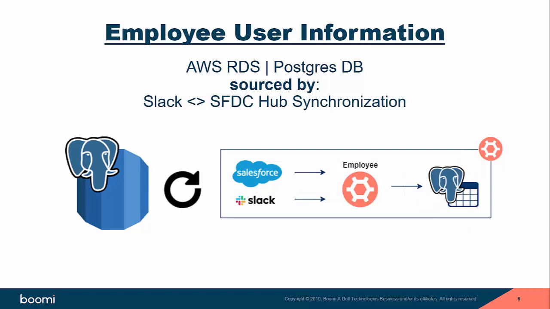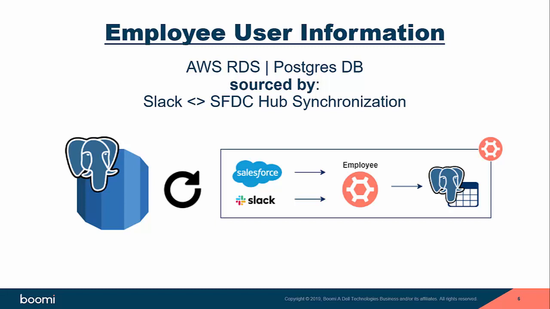The second system, employee user information, is also a separate database server instance, but it is an AWS RDS Postgres server sourced by a hub synchronization. So we have a case here where we're leveraging Master Data Hub to build golden records around the employee type.